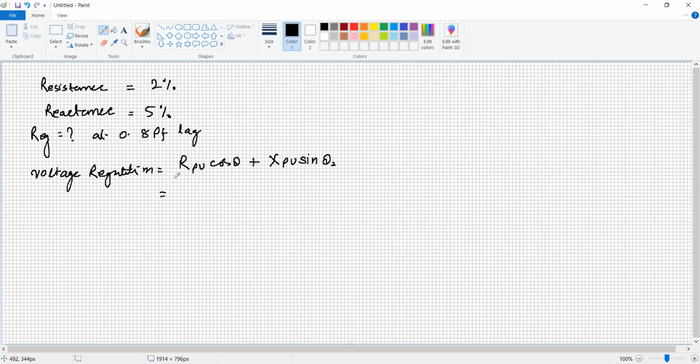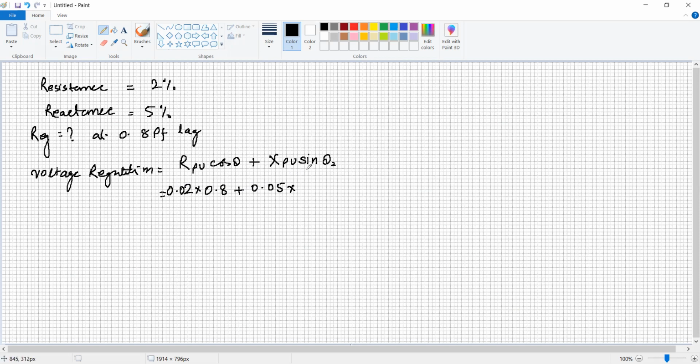So it is 0.02 into 0.8 plus 0.05 into sin theta.